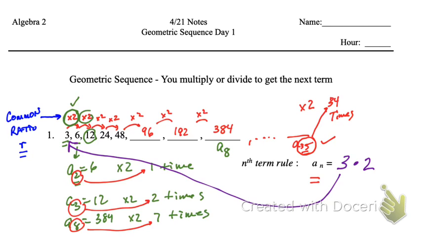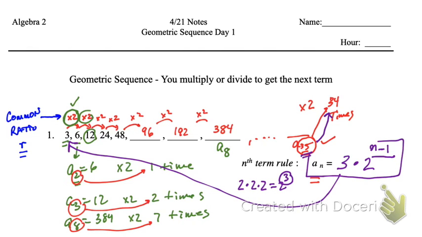Remember, when you multiply by the same number a bunch of times, we don't write 2 times 2 times 2. We write 2 to the third power, so we create an exponent. Our exponent would have to be 1 less than the position. So the rule for this sequence is 3 times 2 to the n minus 1, and usually you put little parentheses around your 2 just to make it look cleaner. Let me rewrite that.